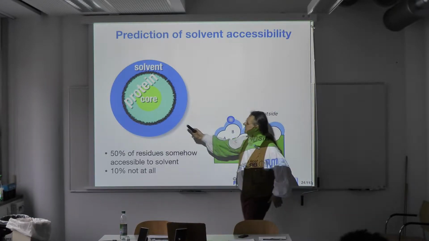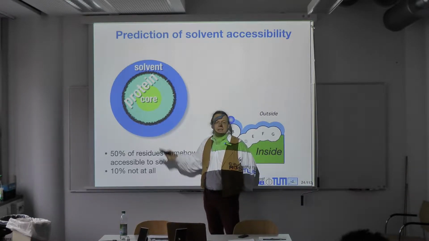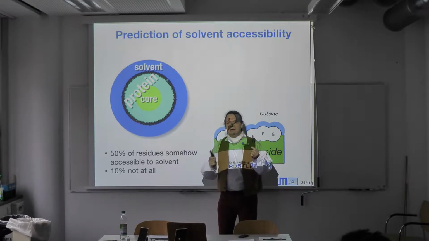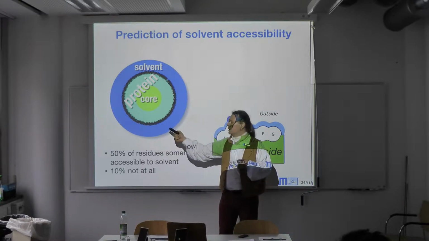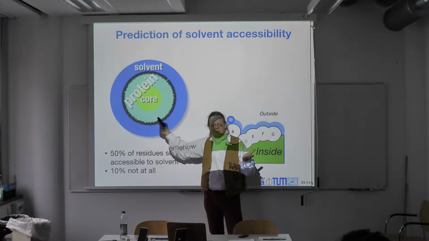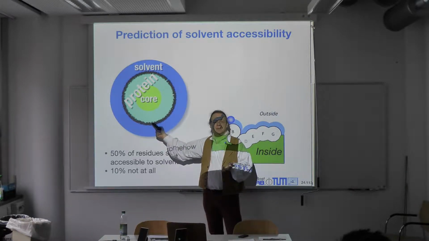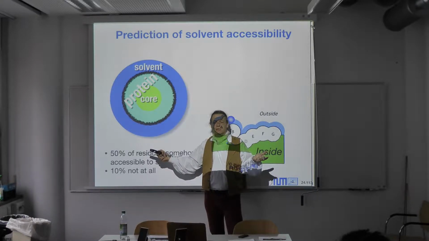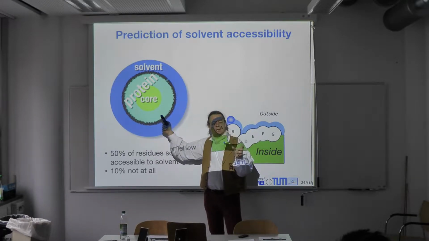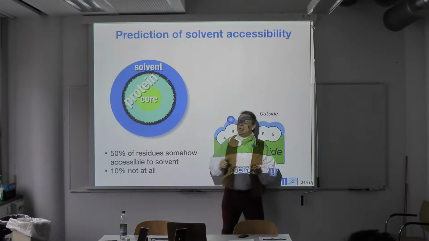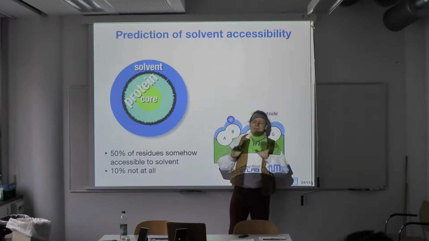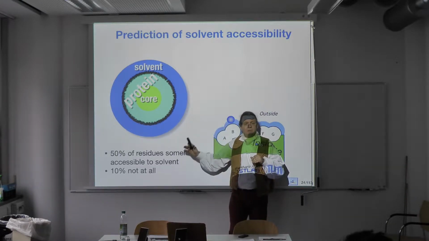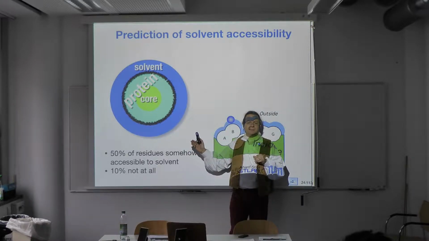Now, if I could predict the light green here, then I could reduce the false positives, and in fact, not only slightly, but since half of the residues are on the surface, I cut my mistakes by a factor of 4, right? One half times one half is one quarter, so I throw away three quarters. Okay, in what I throw away, there will be some things that are wrong, but most of what I throw away will be false positives, right?